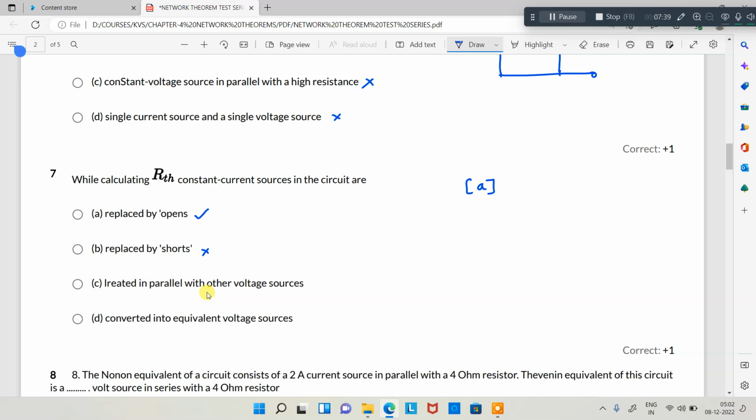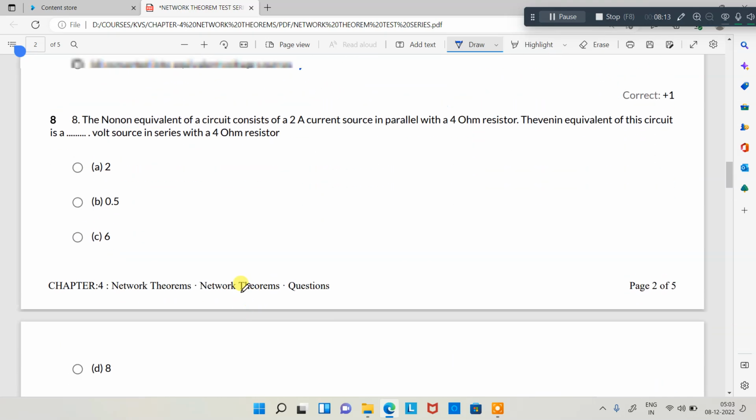Replaced by short circuit, no. Replaced in parallel with other voltage sources, no. Converted into equivalent voltage source, no. So clearly see that in case of Thevenin's theorem, while you are finding out the RTH, current source should be open circuited and the voltage source should be short circuited. If the voltage source is a practical, not ideal source, it is replaced by internal resistances. So in the options given, replaced by open circuit is the correct option.